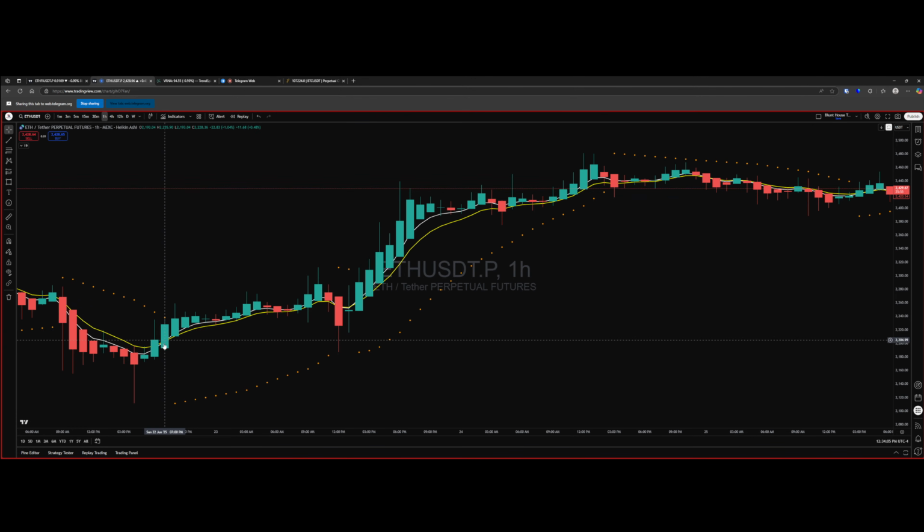You're looking for one with no lower wick, which this one has, but you're also looking for a parabolic beneath price, which this one does not have. So this does not qualify as a true entry candle, but this one does. You're looking for the parabolic beneath the green candle with no lower wick. That would be your entry candle.